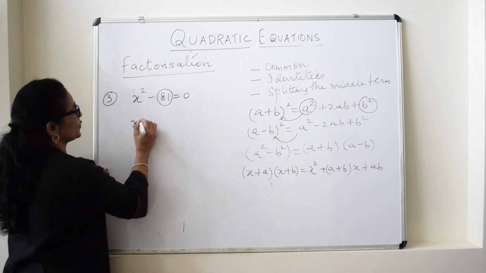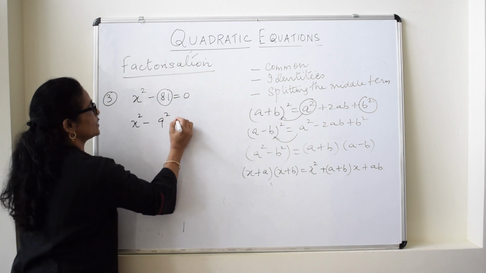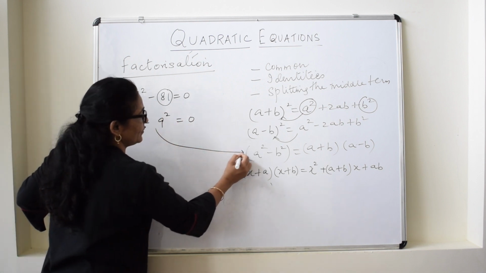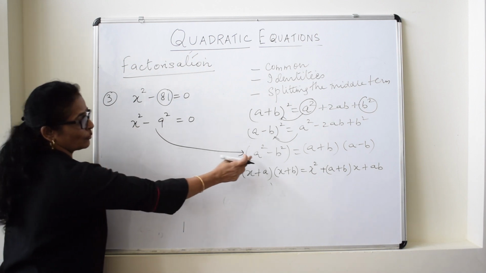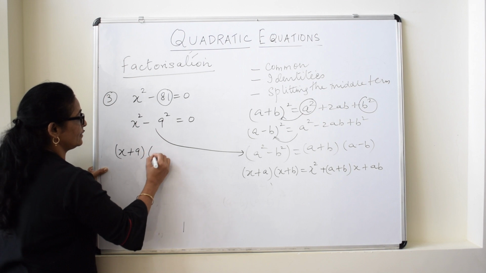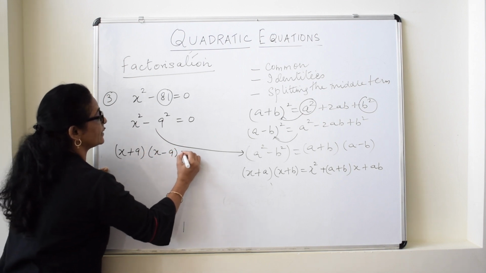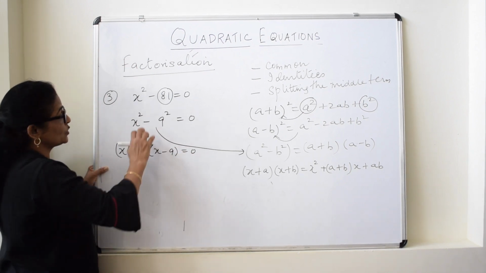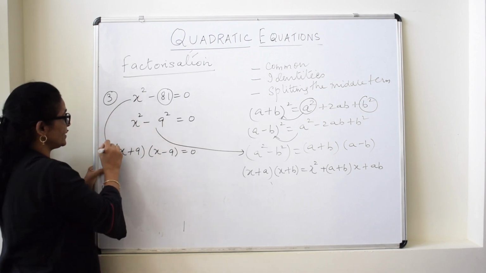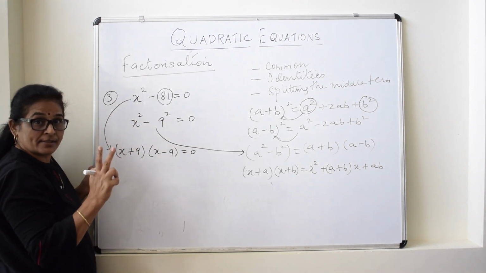So this is x square minus 9 square is equal to 0. It means that when we rewrite it in the form of this identity, this will be x plus 9 into x minus 9 is equal to 0. So this was the quadratic form, and we have brought it to its two linear factors.